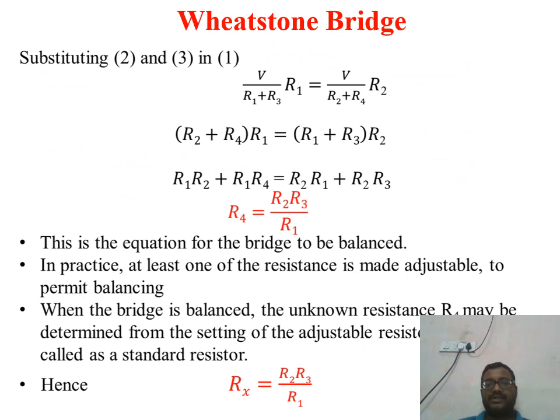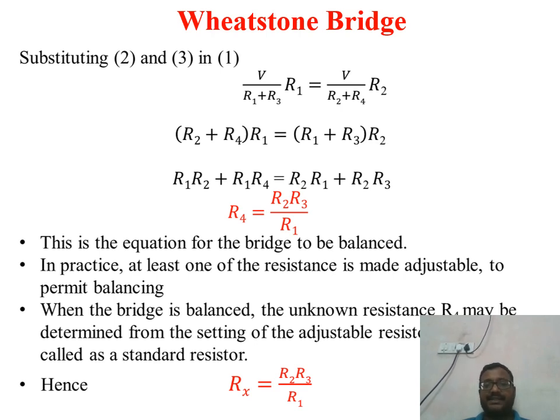Next, you can substitute the previous currents I1, I2, since we already know that I1 into R1 is equal to I2 into R2. The I1 current we already calculated and the I2 current we already calculated. After substituting the values and simplifying this equation, we get R4 is equal to R2 R3 by R1.